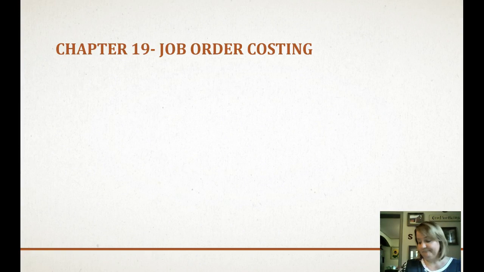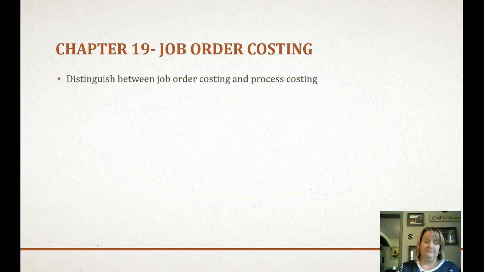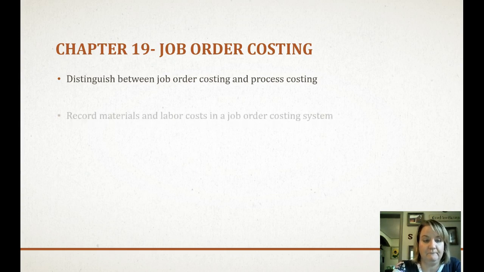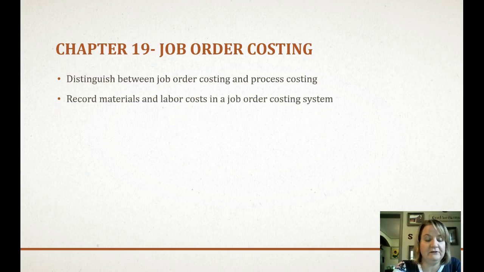Chapter 19. It's about job order costing. Job order costing, and the learning objectives for Chapter 19 are: distinguish between job order costing and process costing. Record materials and labor costs in a job order costing system.